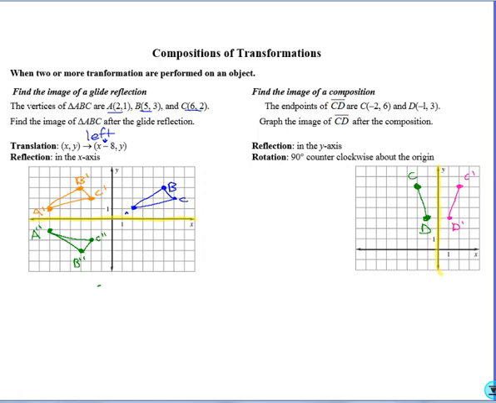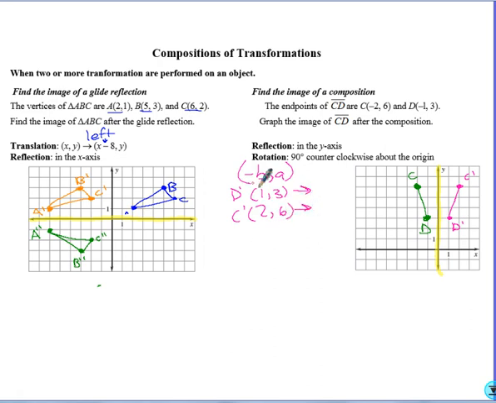The coordinate points, when we do a 90-degree rotation, if you recall, that's when we put it through this rule, where (a, b) becomes (negative b, a). So our coordinate points here are that point D prime is at (1, 3), and point C prime is at (2, 6).